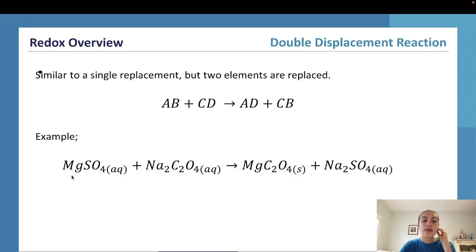So in order to get to 0, we need to have an oxidation number of +6 for the sulfur. Then we can get -8 plus 6 plus 2, and that will give us 0.